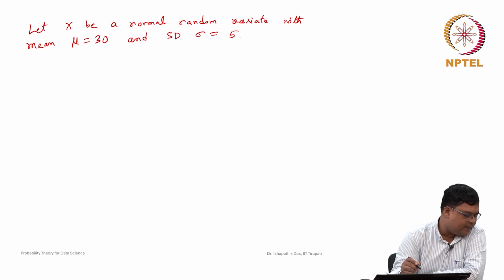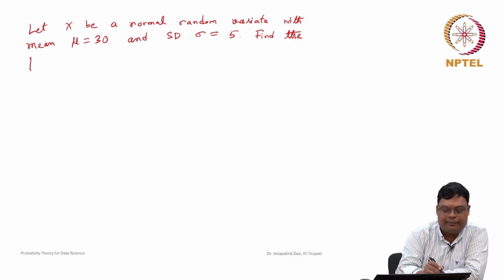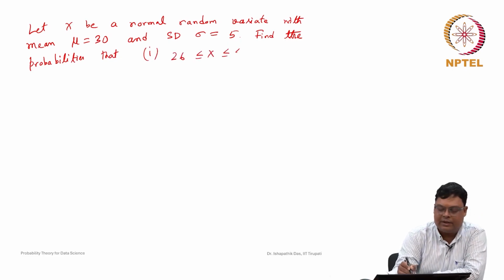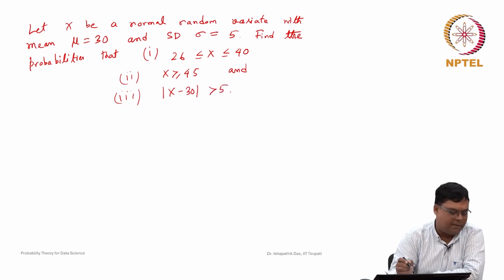Find the probabilities that: 1, 26 less than or equal to x less than or equal to 40; 2, x greater than or equal to 45; and 3, mod of x minus 30 is greater than 5.